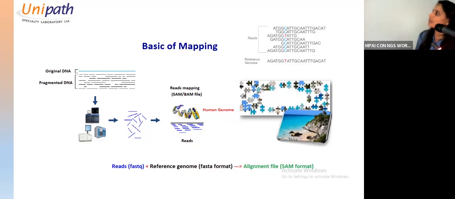So it's like you have reads in the form of a puzzle, and you have a reference genome like this. Using this, you are trying to reconstruct it. So when you talk in terms of sequences, you'll get something like this: this is the reference genome. These are the reads. One read, two read, second, third, fourth, fifth, like this.